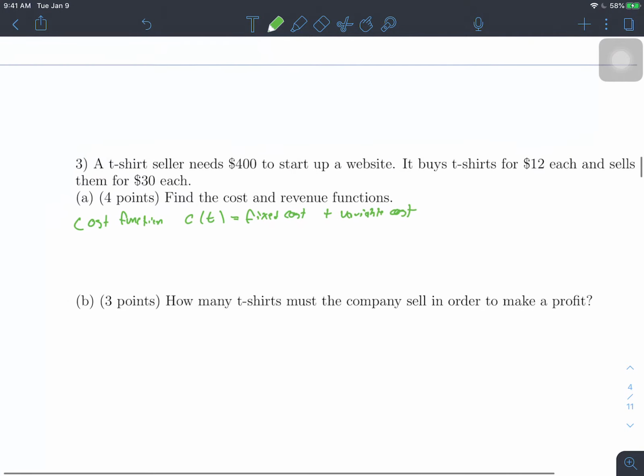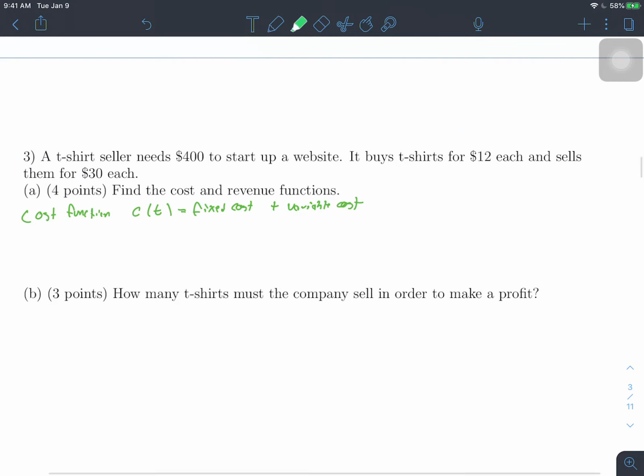In our case, the fixed cost is taking the form of this $400 that we need to start up the website. And the variable cost is going to be the expense which we're spending to buy the t-shirts ourselves. So we buy the t-shirts for $12, and you can tell it's the variable cost because of this word right here, each, meaning that the amount of money I spend on t-shirts depends on the number of t-shirts that I buy.